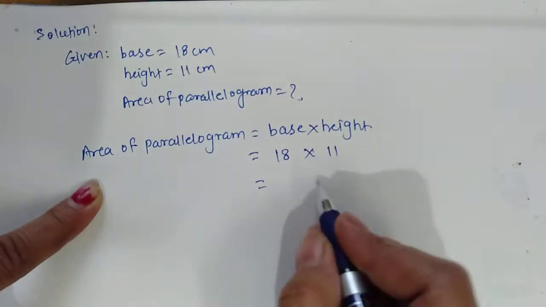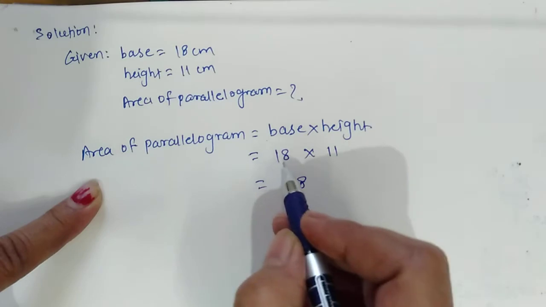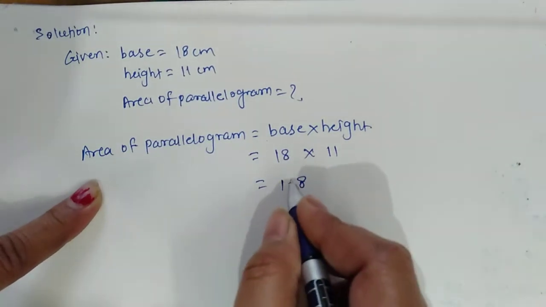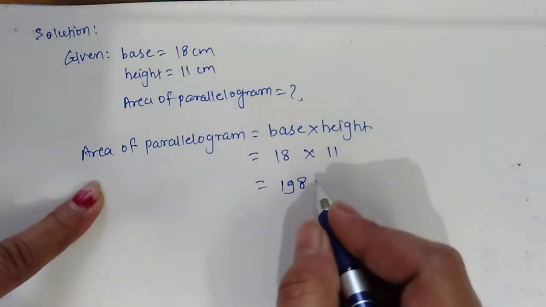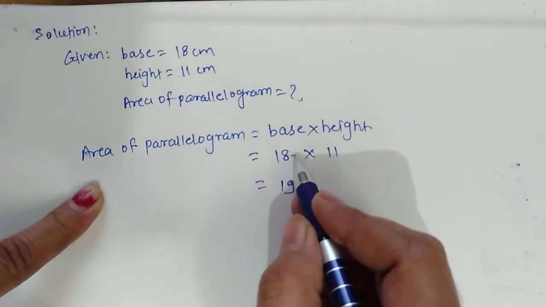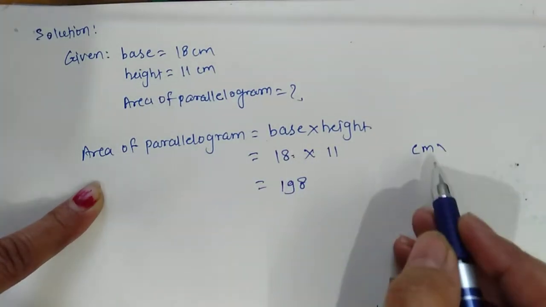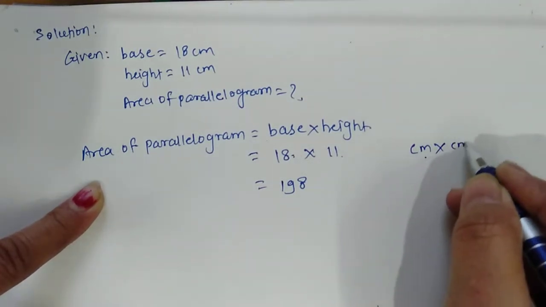So 11 8s are 88, carry is 8, 11 1s are 11, 11 plus 8 is 19. So 198. Now see the unit, suppose here I am writing centimeter. This is the unit of height multiplied by the unit of base.